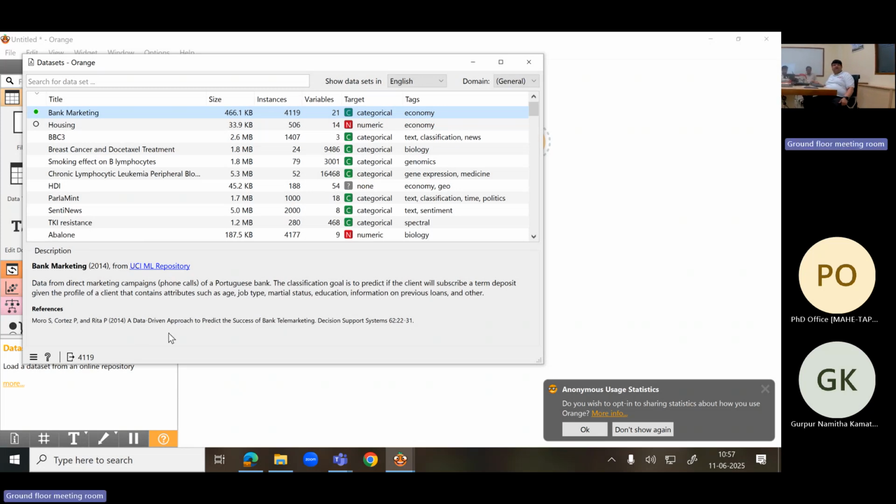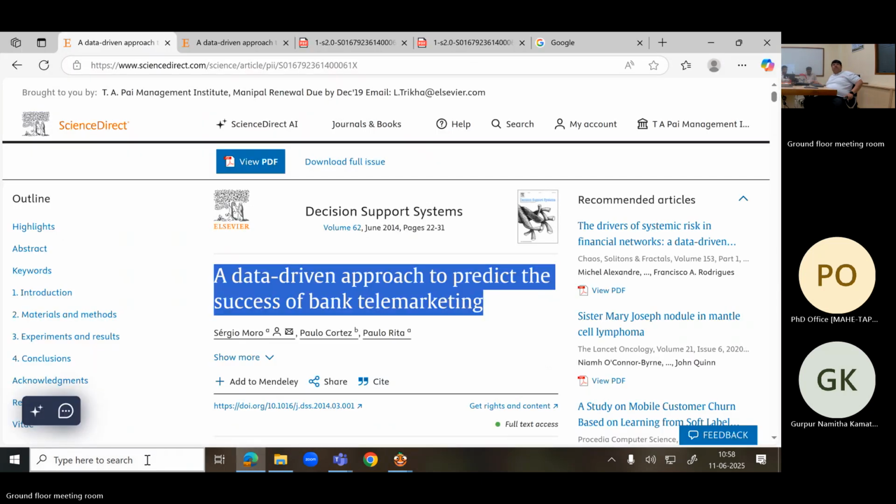You should be able to get it, otherwise we will send it again. Okay, sir, I'll check it. It's there in Google Scholar. Just paste this one in Google Scholar. I think you should be able to find it. I think that's something we need to check in the paper.